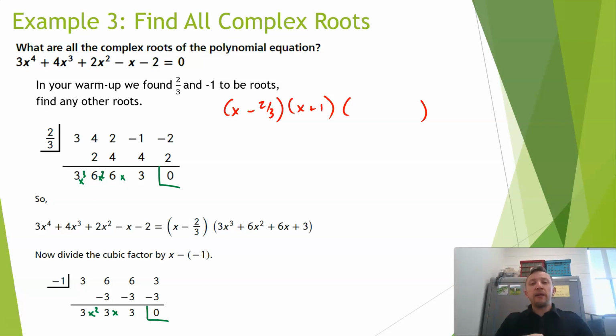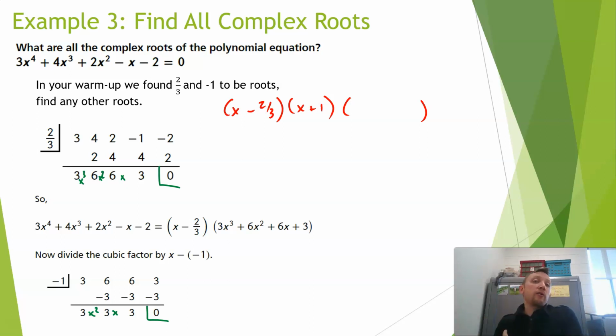We should not have a remainder there because it's a root. It's a 0. And so that would mean that x minus 2/3 times what's left over, if we put that as a polynomial, we would have 3x cubed plus 6x squared plus 6x plus 3. So if you were to multiply those two pieces together, we would get that original function.